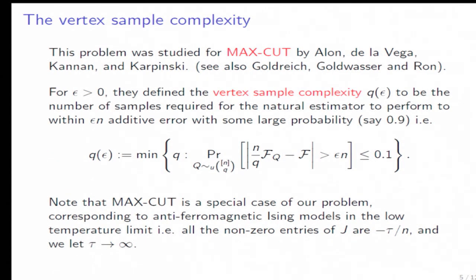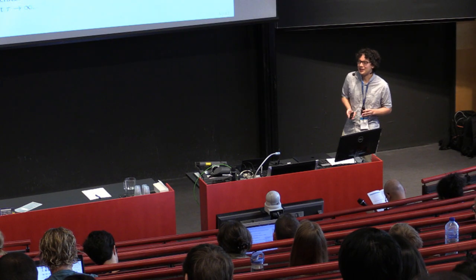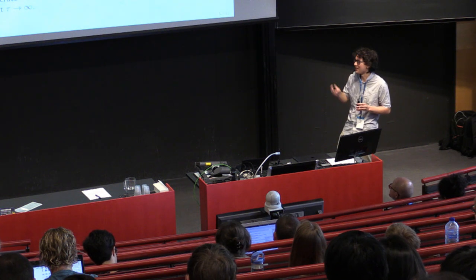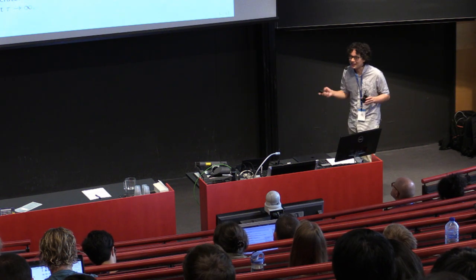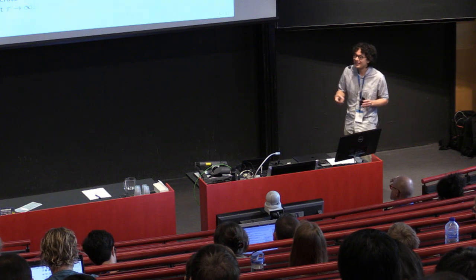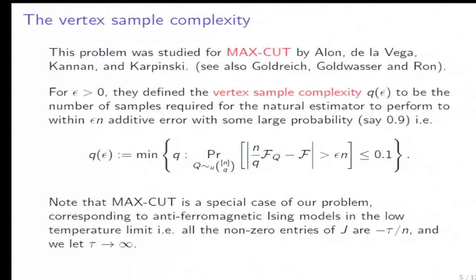I just have one more slide on the notation. This problem I wrote is studied by Alon et al., but actually many people have studied that problem for max cut. Basically, you're given epsilon and you want to know how many samples you need to take to get within a 99% chance of correctness, and get within epsilon n squared for max cut, or epsilon n for free energy, of the true answer.